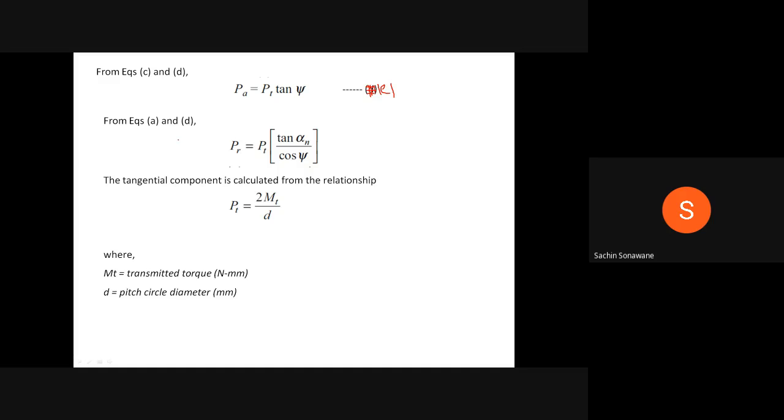Therefore, from equations A and E you take now.